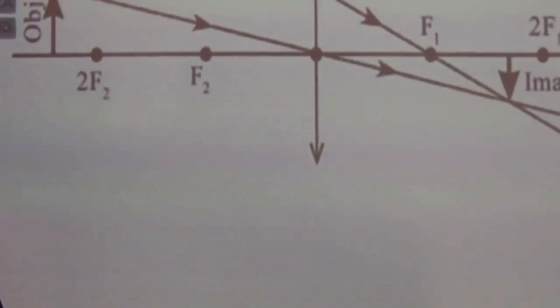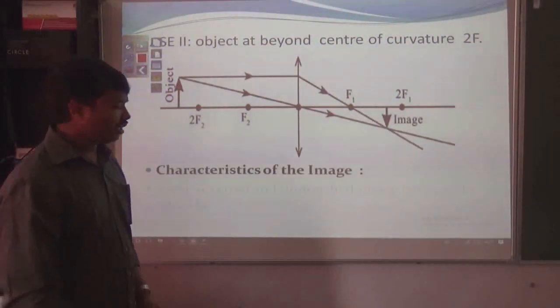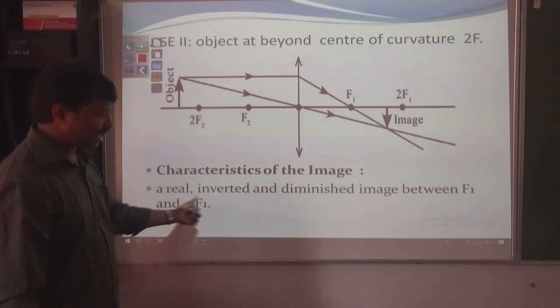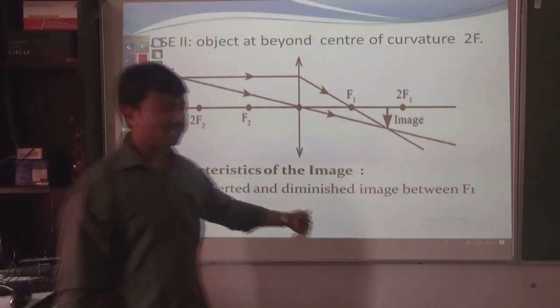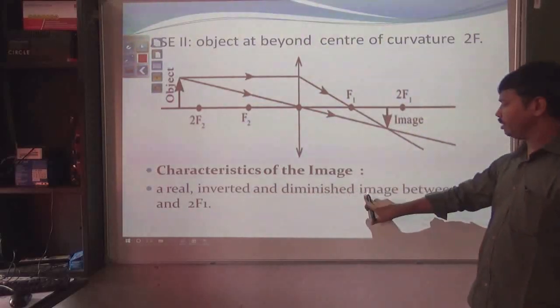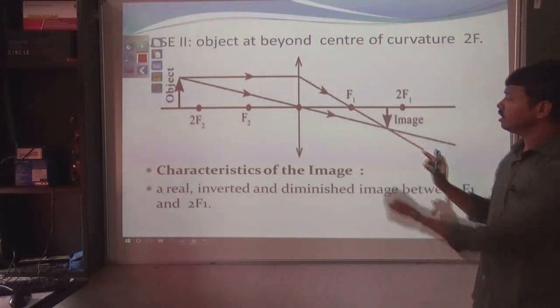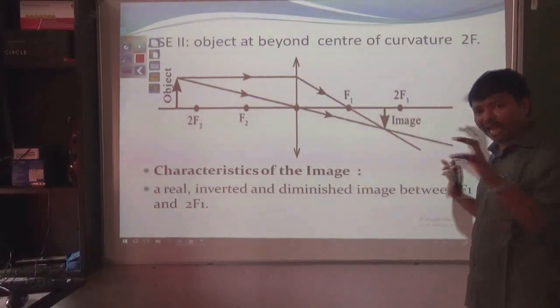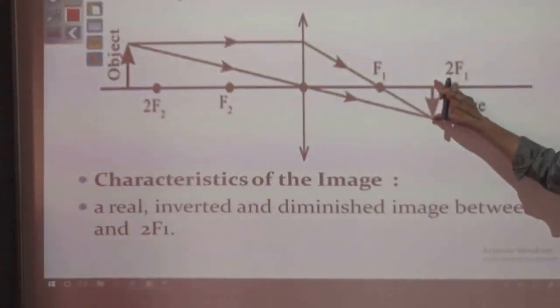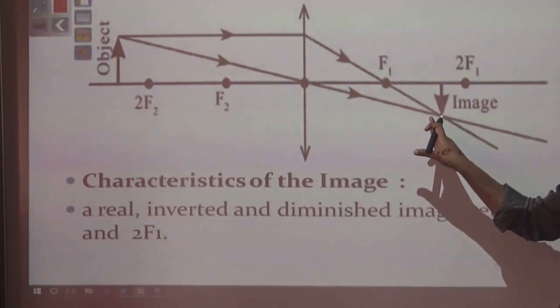Now, what are the characteristics of the image? The image is real, inverted and diminished, between F1 and 2F1. It is real because it can be captured on the screen. It is diminished because, compared to the object, it is smaller.